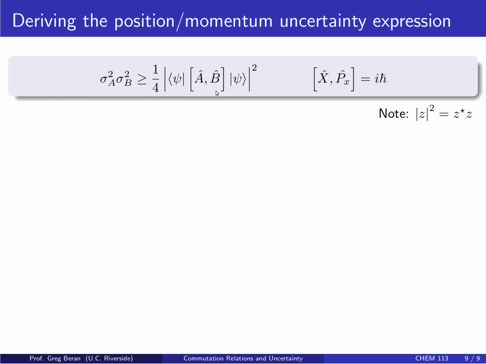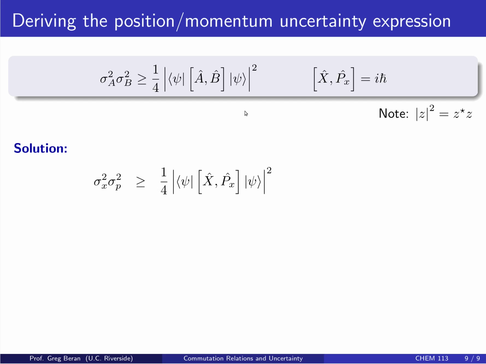The other thing I want to say before we get started is we want to derive these expressions in general without referring to any particular system. So we don't want to stick in particle in a box wave functions or any other specific wave functions. We want these psi's here to be very generic wave functions without any specific functional form. But we're still going to be able to simplify things.